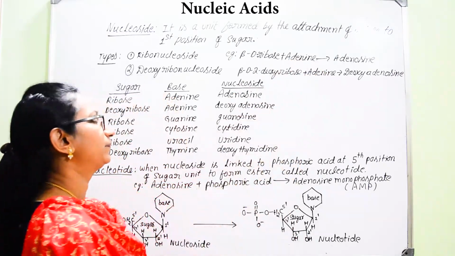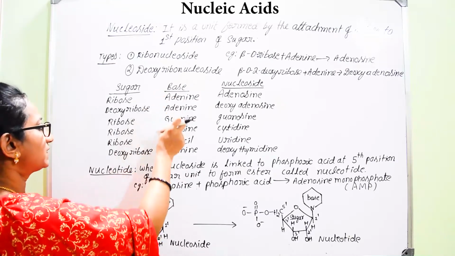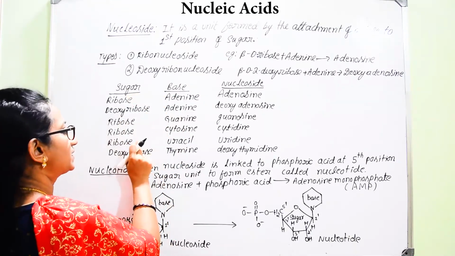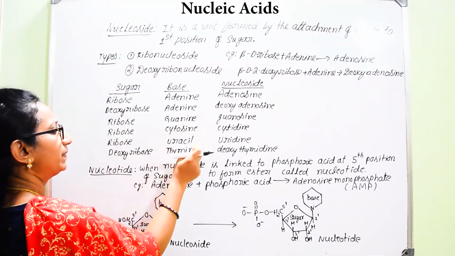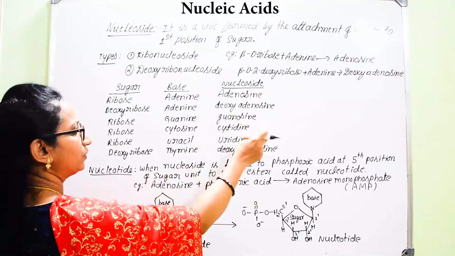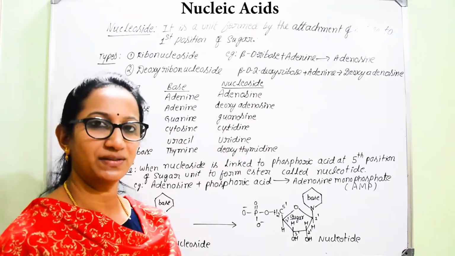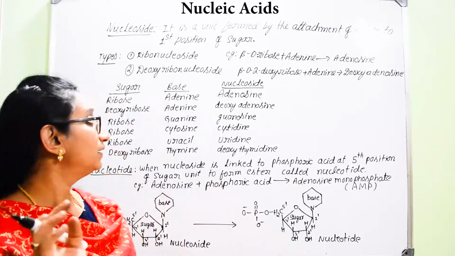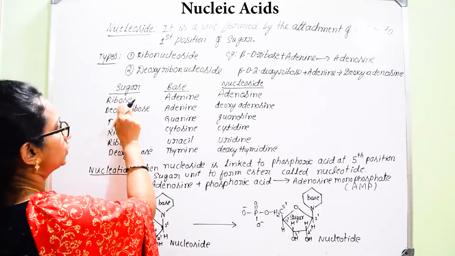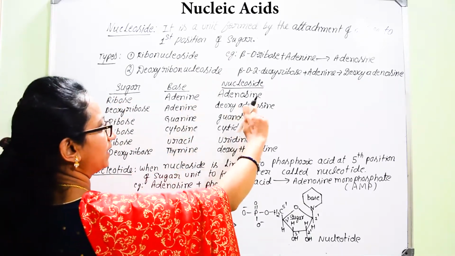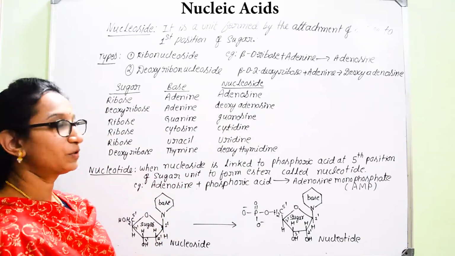That is the main difference in the names of nucleosides of RNA and DNA. And here we can take a list of sugars combining with different bases to give respective nucleosides. In an examination they can give a question like this: name the sugar and base present in adenosine. Then you should be able to identify.